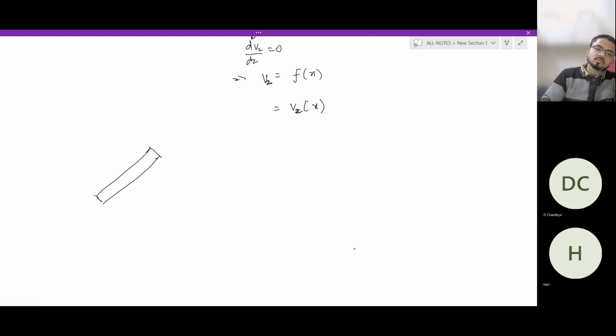Okay, so let's assume that this is your control volume. I'll find the momentum first.